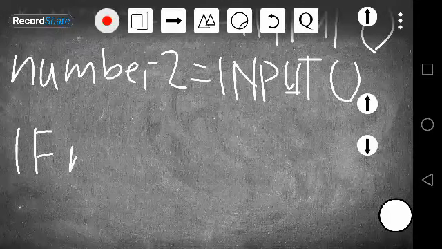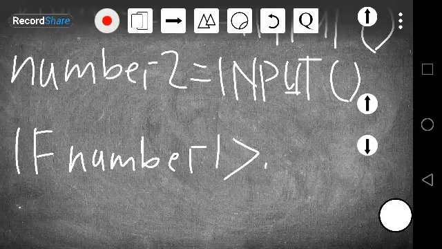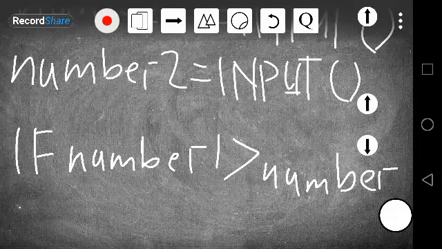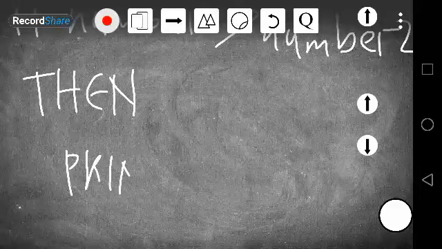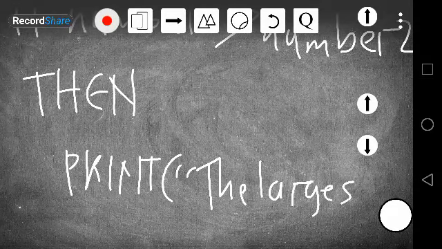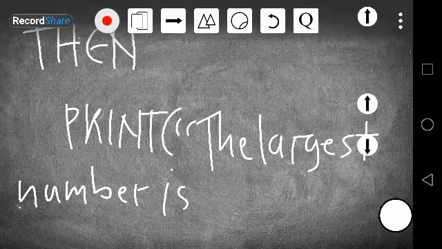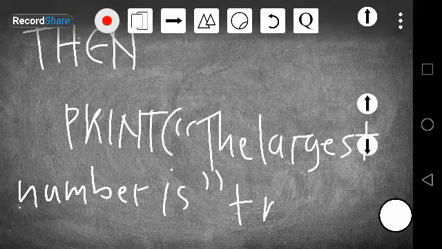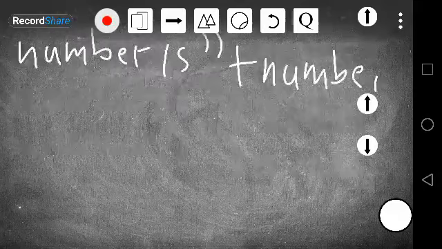If number 1 is greater than number 2, then print ("The largest number is" plus number 1).